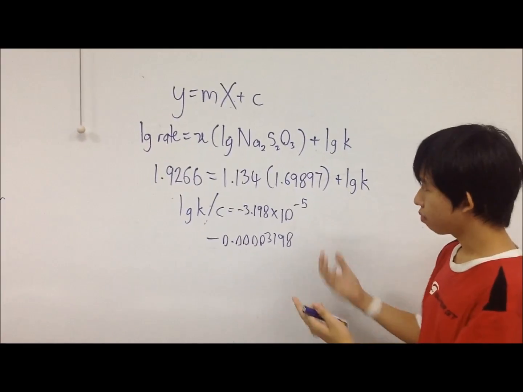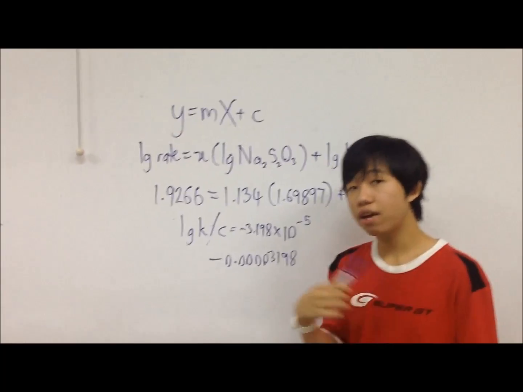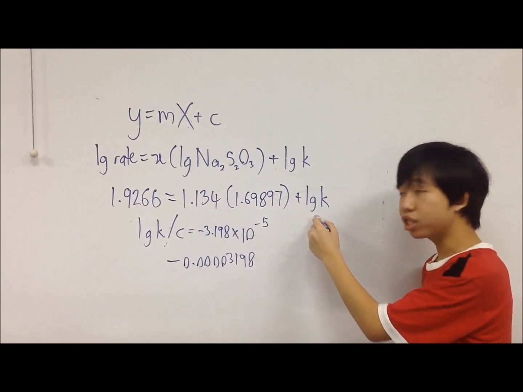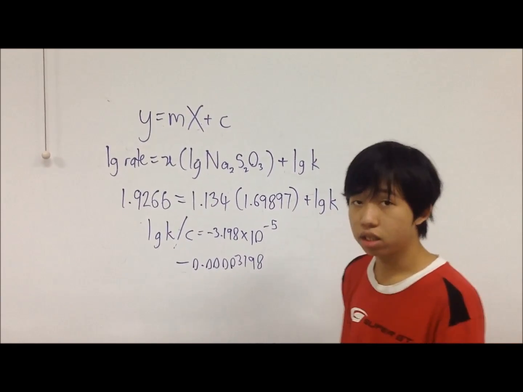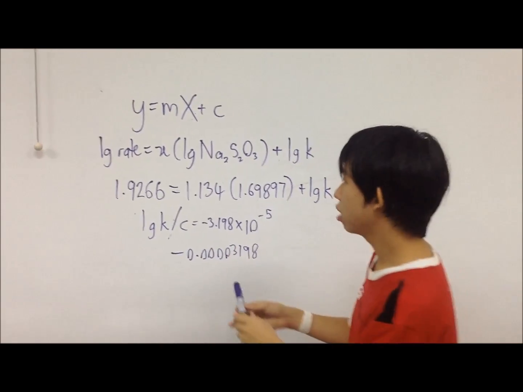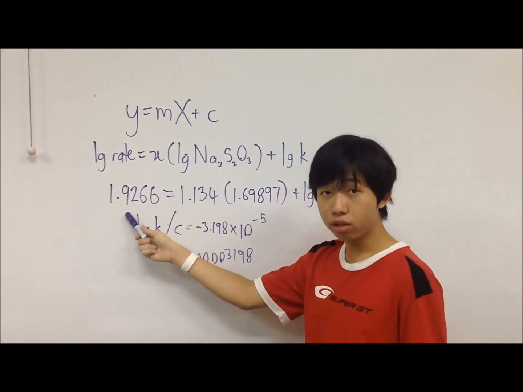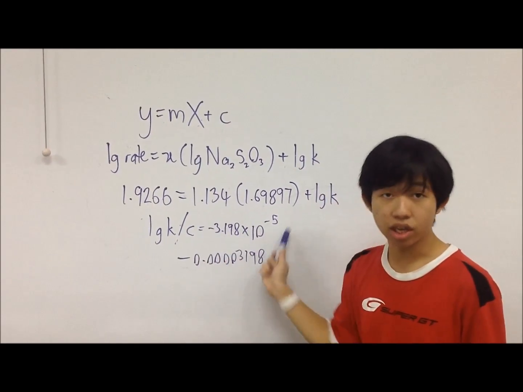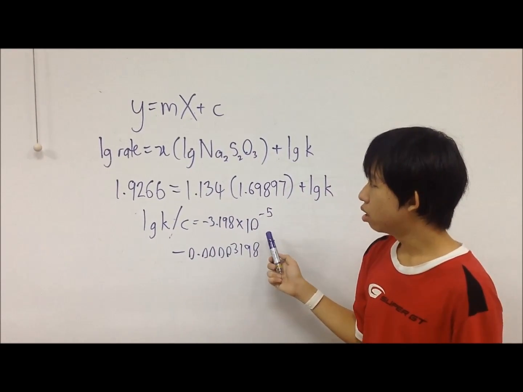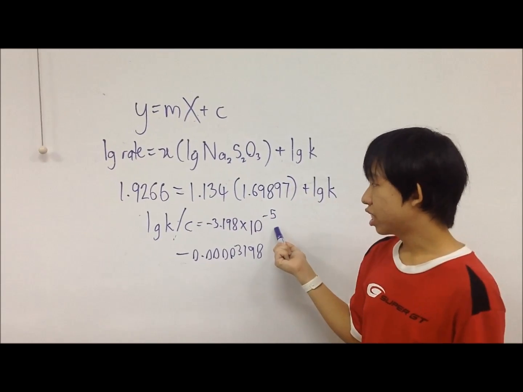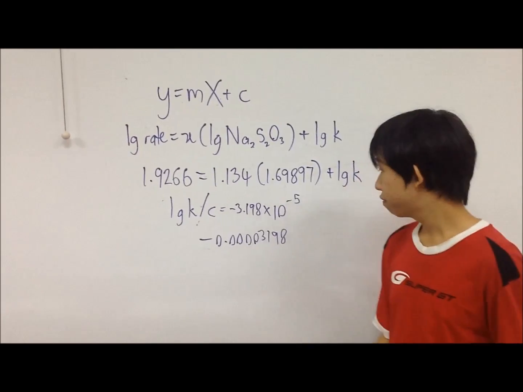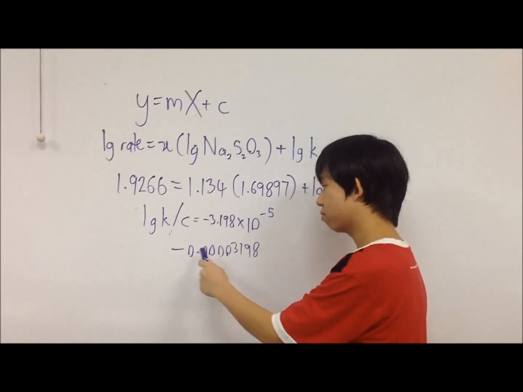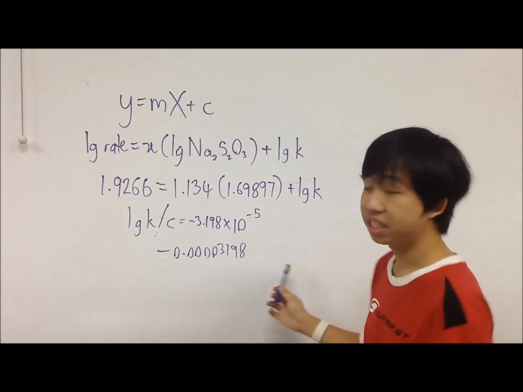Now, although we already have the order here, to further clarify and prove that it is correct, we have to find k, because it might affect our calculations. What we got here is this. We substitute the x and y values, and of course the m, to find k. We got log k is this number, and this number, negative 3.198 exponent negative 5, will result in this, which means there are so many decimal places.